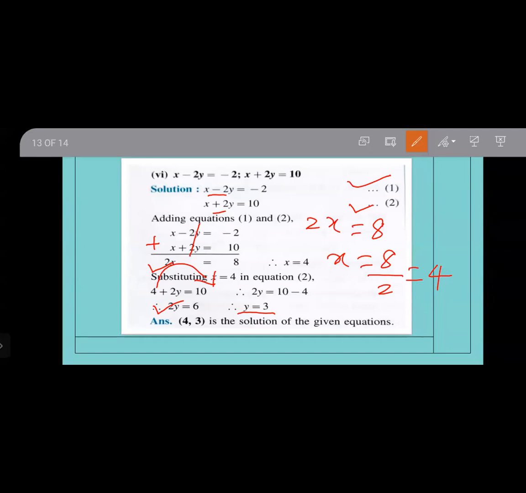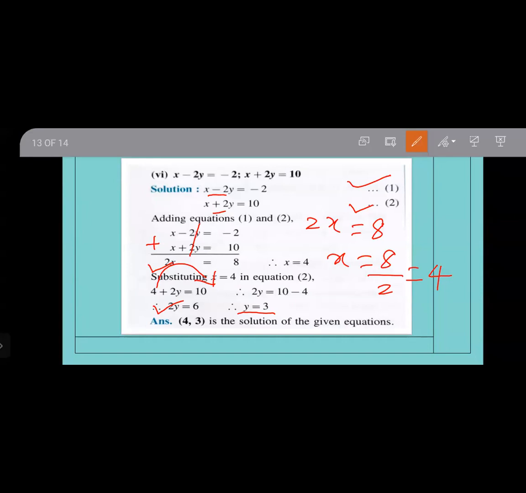And after solving that, you will get the value of the other variable. So solving an equation in one variable is very, very important. You have to work on that first. Once you are familiar with that, then go for equations in two variables. Okay, so 4 comma 3 is the solution for the given equations.